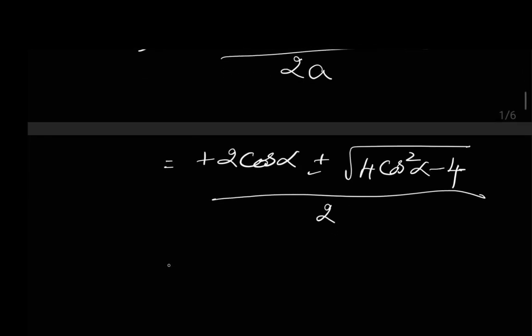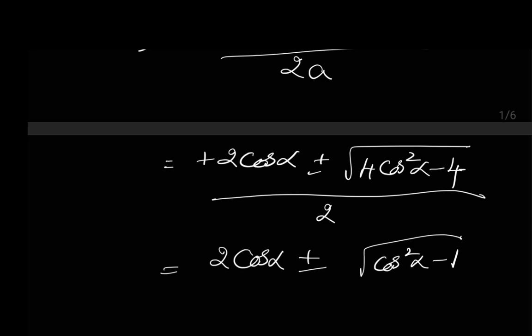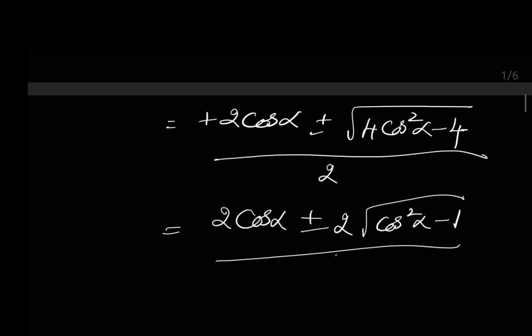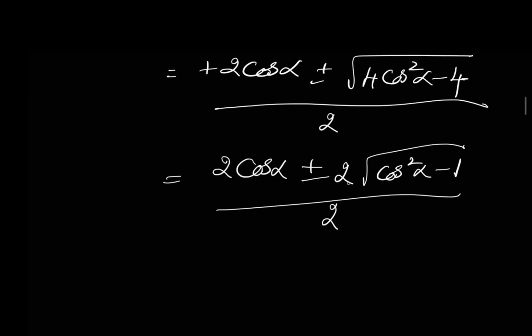A is 1 here. So 2 cos alpha plus or minus, you take 4 outside as common. So in that case you will get cos squared alpha minus 1. When this 4 comes outside the square root, you will get 2 divided by 2. See, 2 is common in all the terms. You take 2 outside: 2 cos alpha plus or minus.